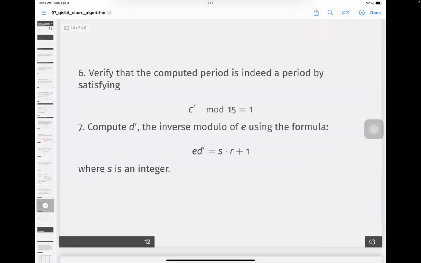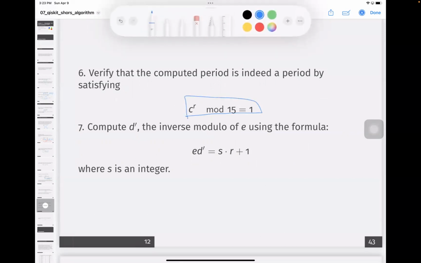And then, once you have computed the period r, you can verify first that it is a period by raising the ciphertext C to the value of r modulo 15, and if it's 1, then you have found your period.